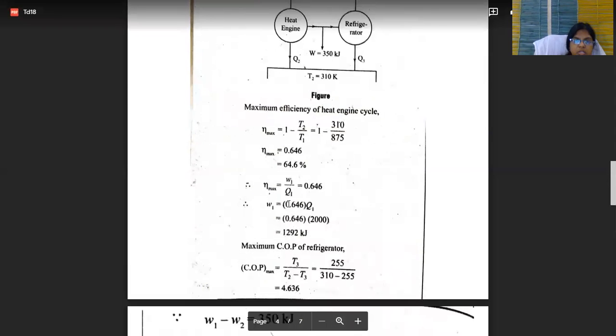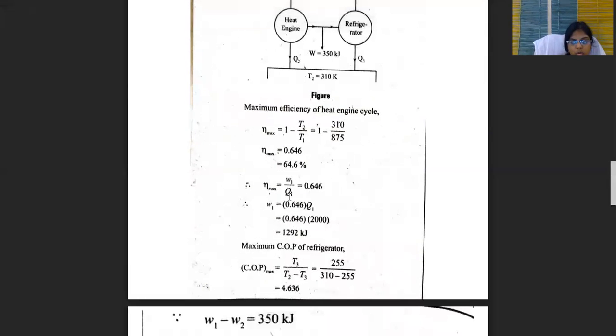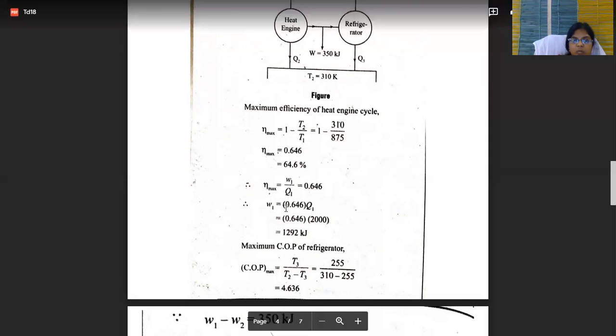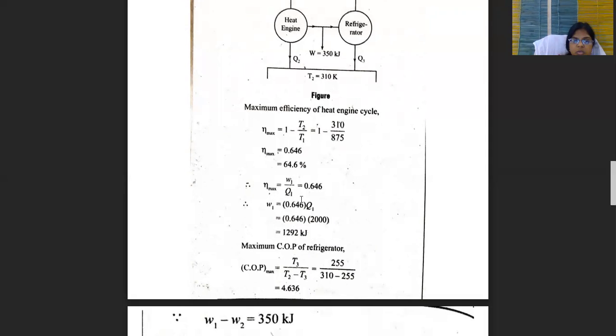And next, we know another formula for work done for a heat engine, that is work done by heat supply. In heat engine, efficiency is 1 minus lower temperature by higher temperature, that is 1 minus T2 by T1. And another formula for heat engine is work done by heat supply. Here we can write work done is equal to efficiency into heat supply.